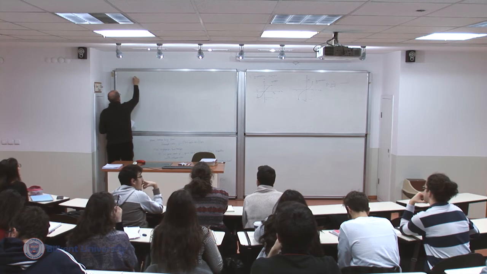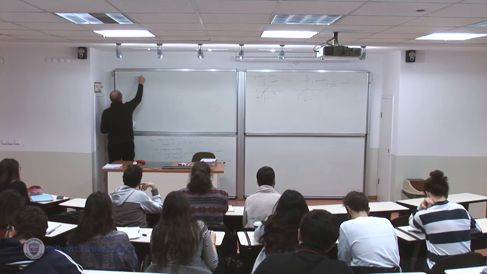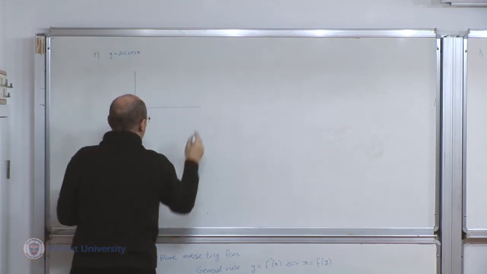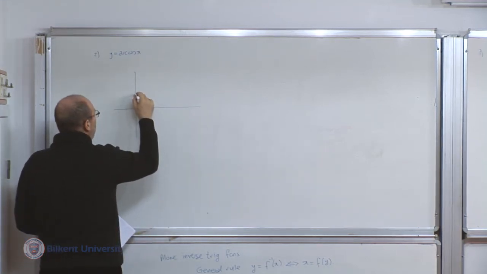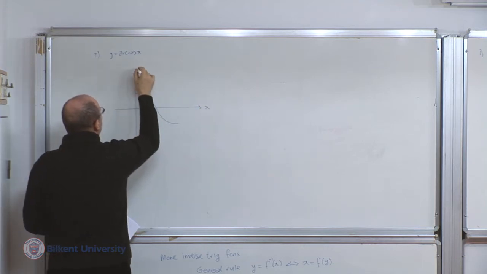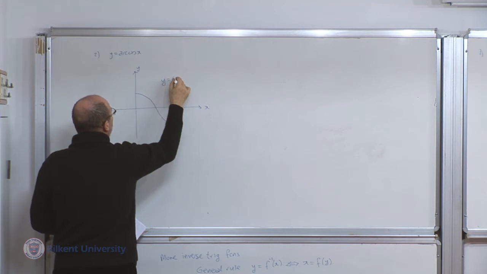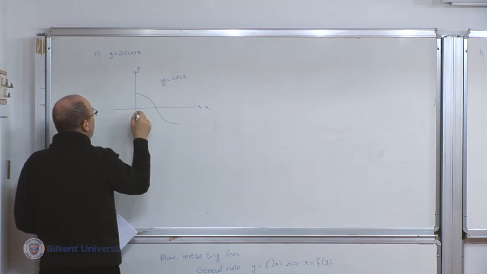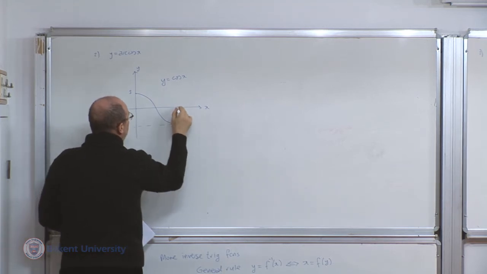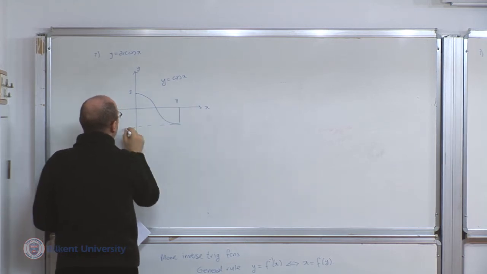So this is y equals arc cosine x. So first we'll look at which part of cosine we want to invert. So it is this part, x, y. So this is the graph of y equals cosine x. Okay, so at 0, it is 1. At pi, it is minus 1.